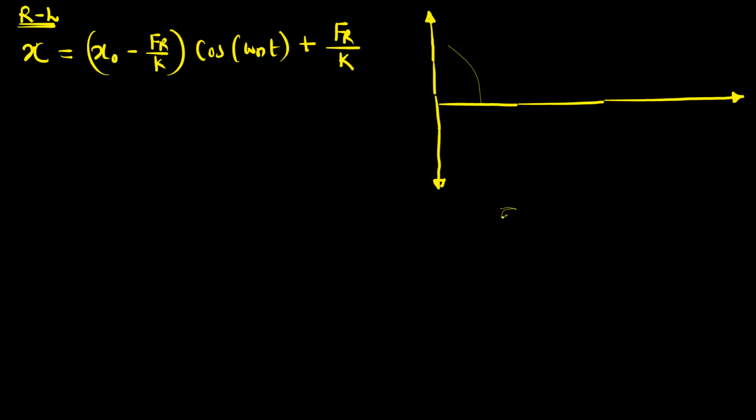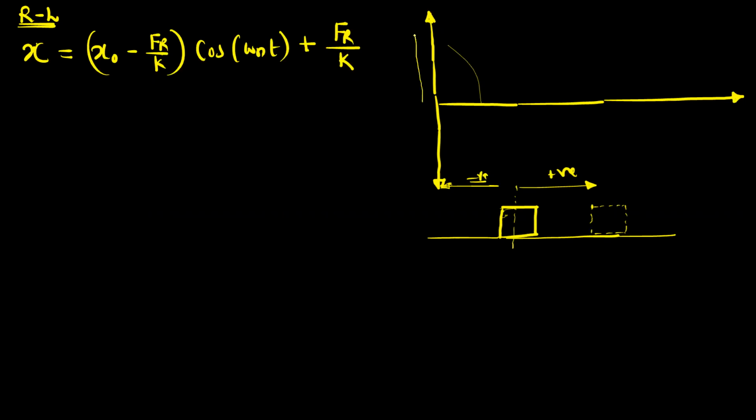So consider the right side motion. It is positive. So this is the displacement. This is positive and this is negative. So when the mass is already displaced on the right side on the horizontal axis, it is shown along this y-axis.